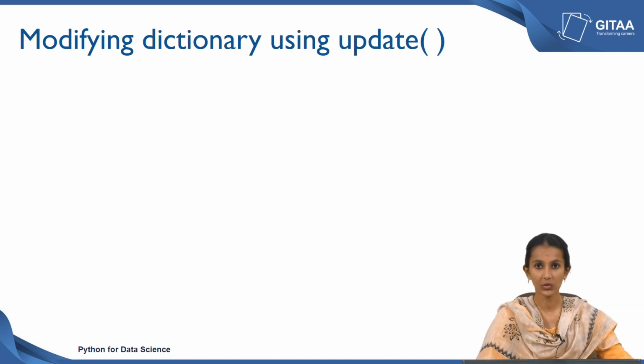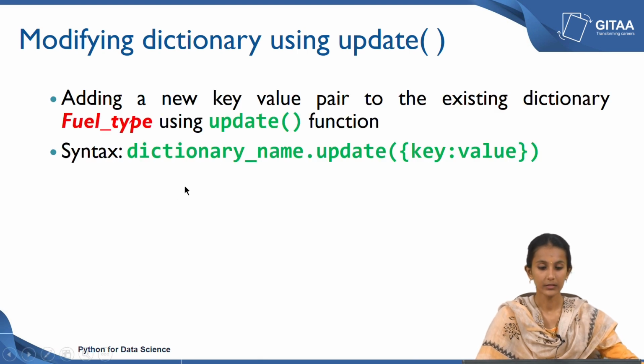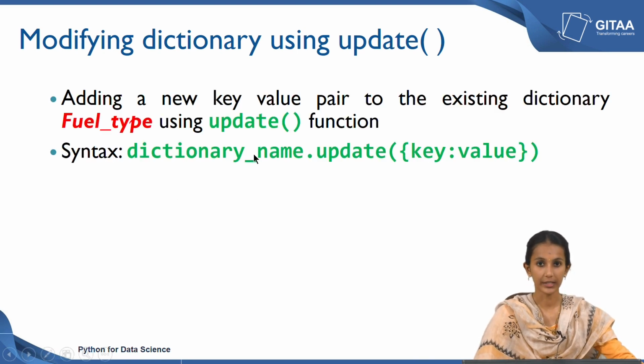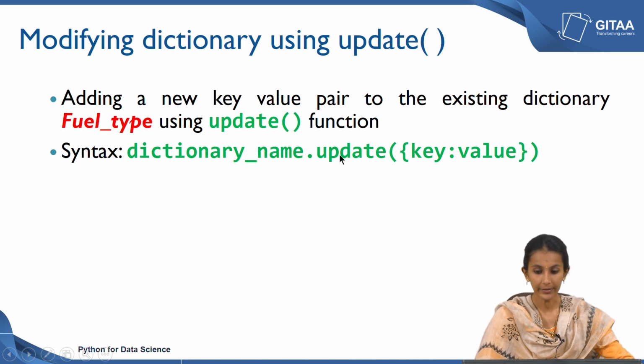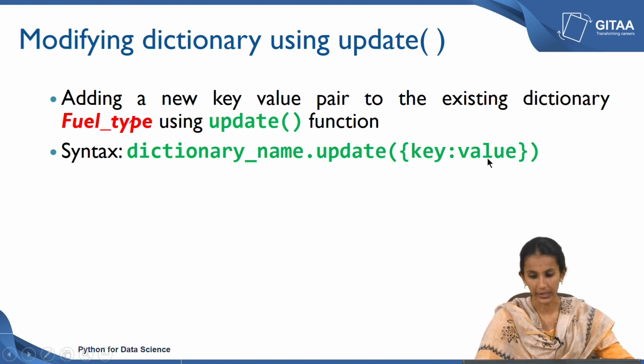The command is update. Using the update command, you can also add key value pairs to the existing dictionary. The syntax is: you specify the dictionary name dot update, and within the parentheses you specify the key which you wanted to add, a colon, and the corresponding value.